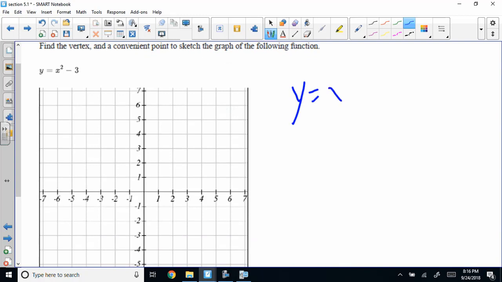y equals x squared minus 3. What form is that in? Which form is it in? You don't know? Well, there's not but 2 forms to choose from, right?